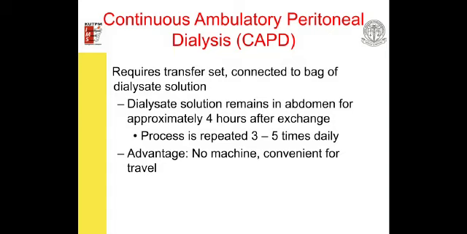It requires a transfer set connected to a bag of dialysate. The dialysate solution remains in the abdomen for approximately 4 hours after exchange. The process is repeated 3 to 4 times daily. The advantage is that it doesn't need a machine and is convenient for travel.